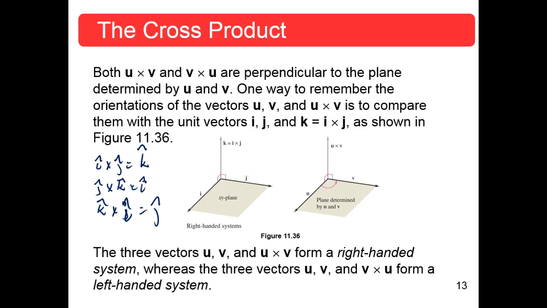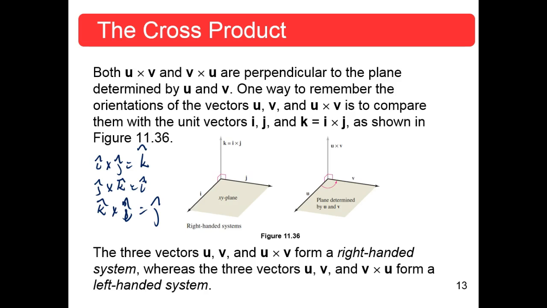How I like to do it, and this is how I learned it, is to point your fingers in the direction of I, then bend your fingers in the direction of J, and your thumb on your right hand will be pointing upward. That's a right-handed system.